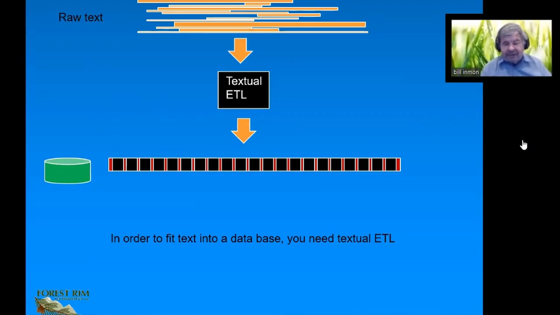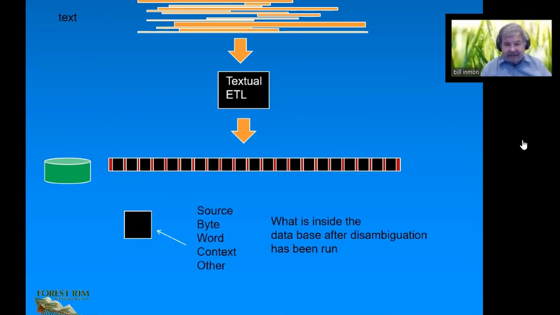And so in order for us to understand what the text means, we have to understand the context as well as the text itself. And so what textual ETL does for you is to put your data into a database and establish the context for the text itself.